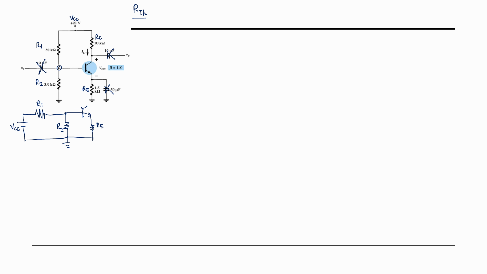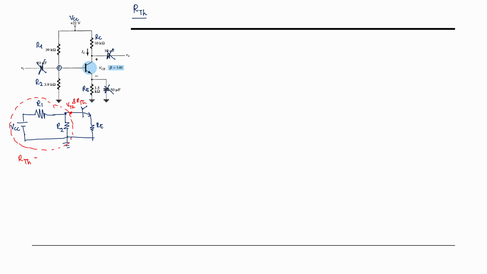What we want to do now is simplify this area so that at this point it will become V Thevenin and R Thevenin. So how to find the value of R Thevenin?